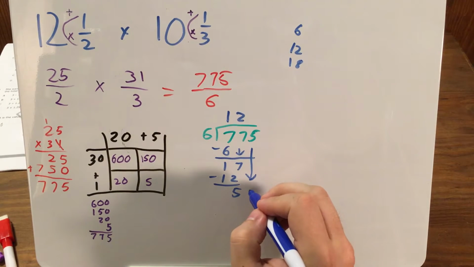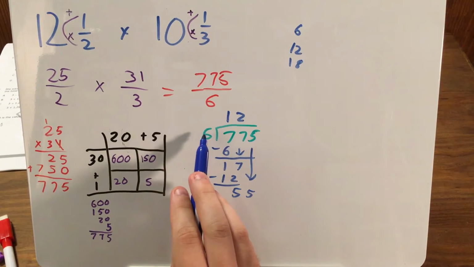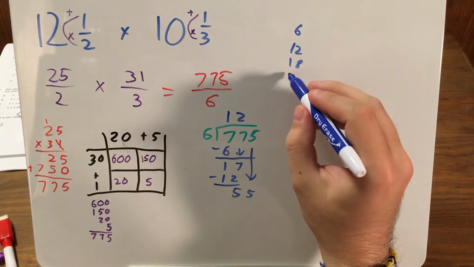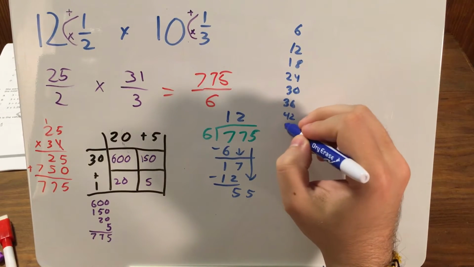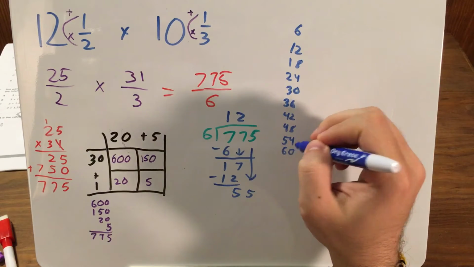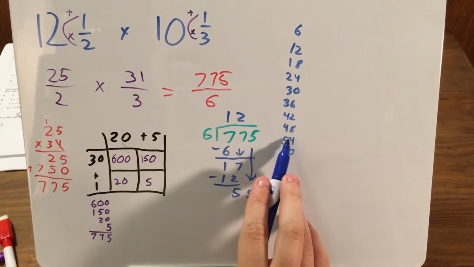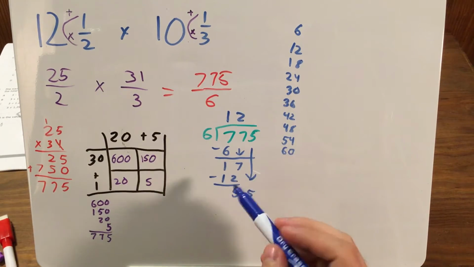I bring my 5 down, so now I'm looking at all my 1s that I have left. And I'm comparing 6 to 55, so if I keep this going, 24, 30, 36, 42, 48, 54, 60. I can get to 54, but anything above that, if I count by 6s, is going to be too many.